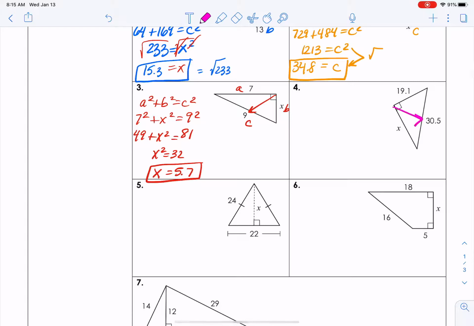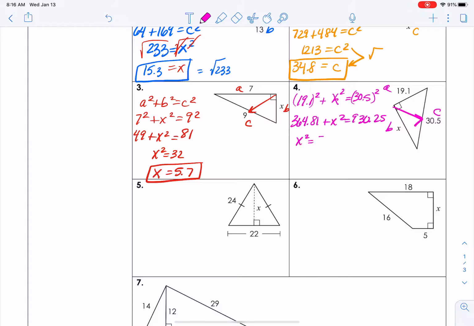Identify the hypotenuse, c. And I have 19.1 squared plus x squared equals 30.5 squared. That comes out to 364.81 plus x squared equals 930.25.